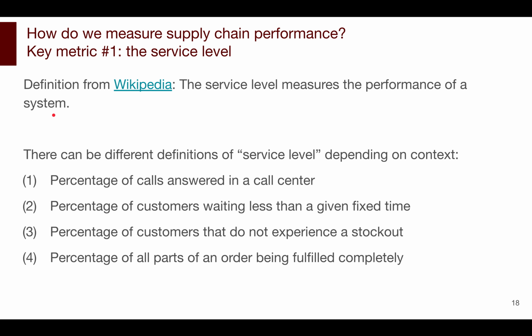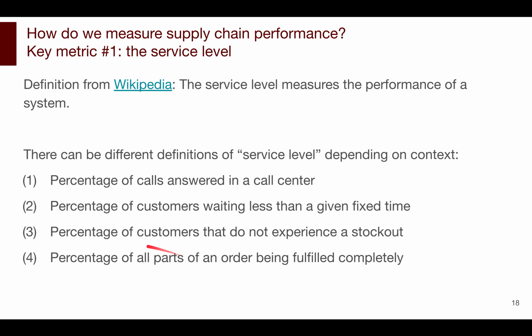This is a very general definition because basically almost every system, you can measure the service level in some sense. And the exact definition does depend on the context. So, for example, percentage of calls answered in a call center is one way to measure a service level. We're focusing more on a product's service level in today's lecture.